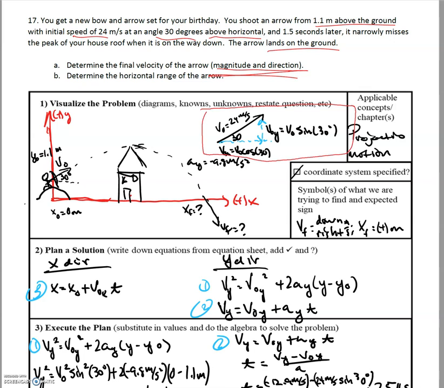Remember, with projectile motion, you deal with it in terms of motion in the y direction plus the motion in the x direction. That figure from the note packet splits up the motion into its x and y components, because that is how you treat projectile motion. Then in the end, you just combine what you find to get the overall, in this case, and in most cases, the overall velocity.